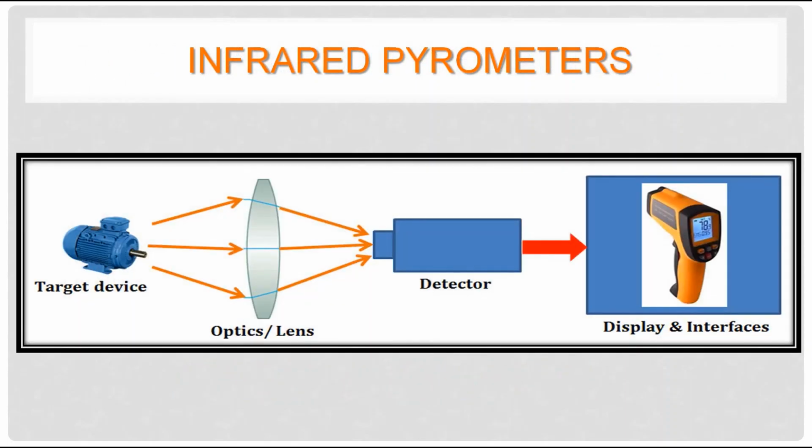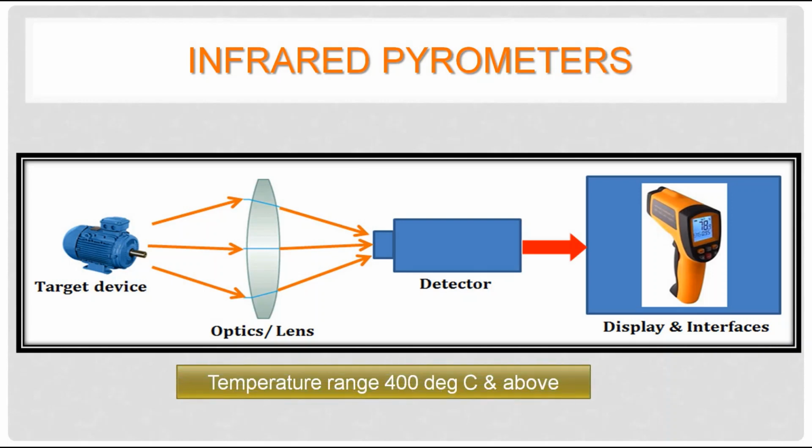The second one is infrared pyrometers. Infrared pyrometers are partial or selective radiation pyrometers. Above temperatures of 400 degrees centigrade, a surface starts to radiate visible light energy, and simultaneously there is a proportional increase in the infrared energy.